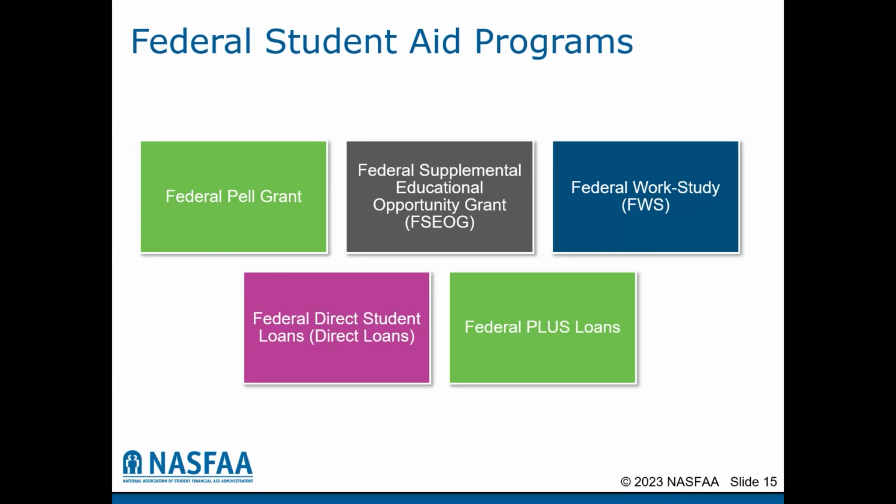This grant is designed to target the neediest students. The dollar amounts and number of awards for each college or university is determined by that college or university based on the total amount of dollars they were allocated from the Federal Department of Education.